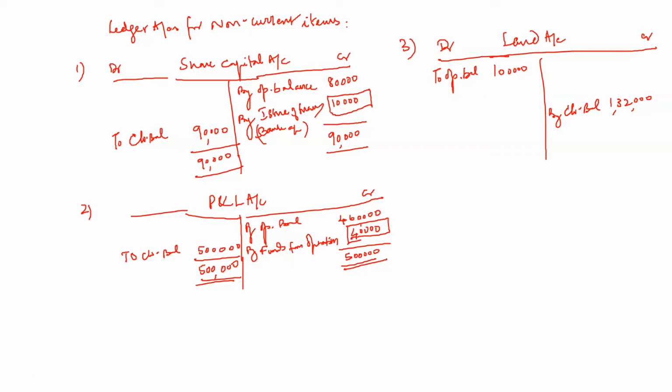So if at all it is given in the question that some part of land was sold, some additional information is there, we have to carry it out. Here there is no such information pertaining to the asset. So we are just closing the ledger to find out the difference. So here you get balancing figure on the debit side, 1,32,000. That means the difference is 32,000, nothing but purchase of asset.